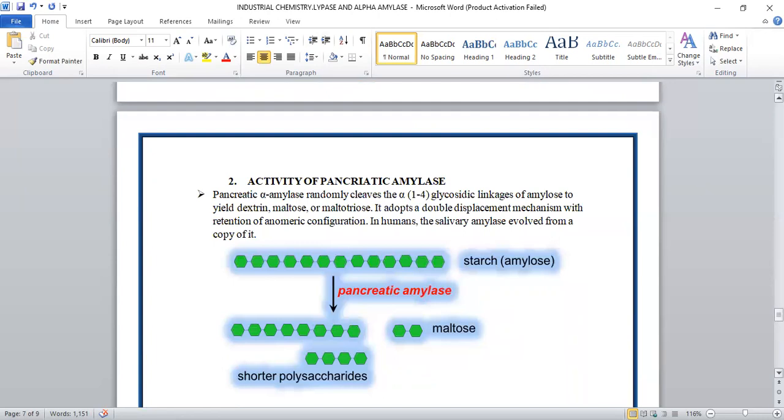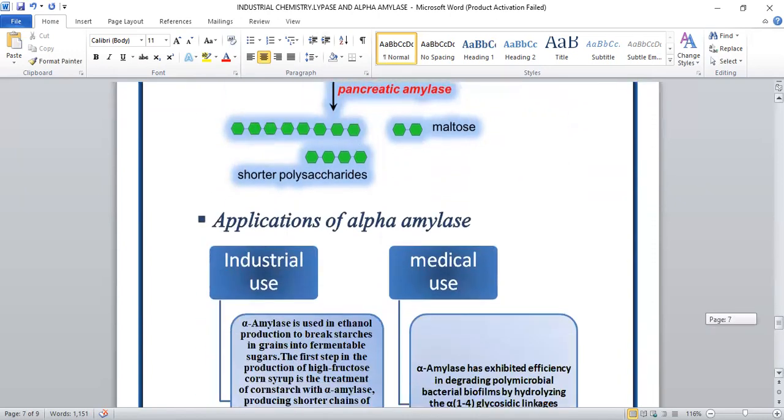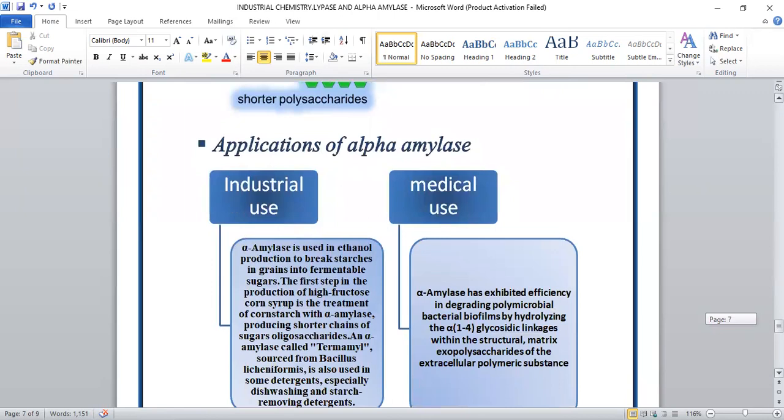In humans, the salivary amylase evolved from a copy of it. In this reaction, you can see starch in the form of amylose being degraded and converted into maltose or shorter polysaccharides with the help of pancreatic amylase. So these are the two basic biological reactions of alpha amylase.